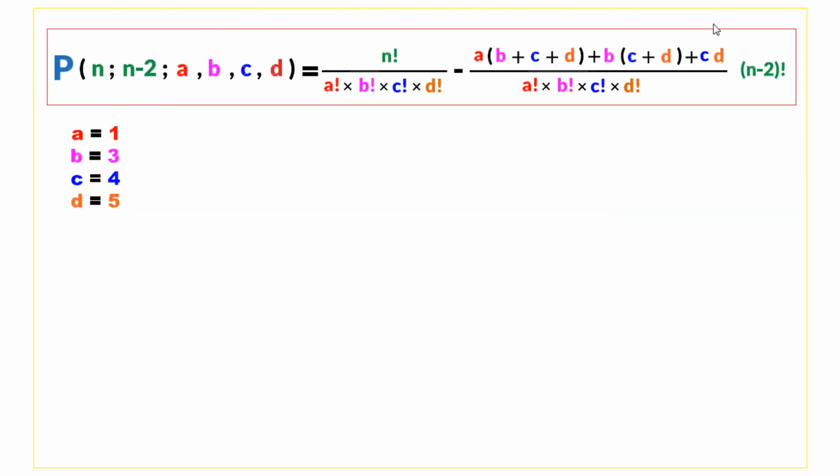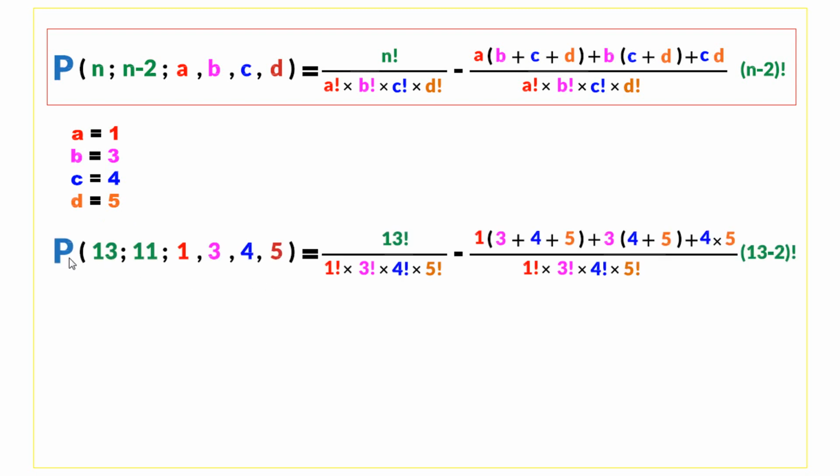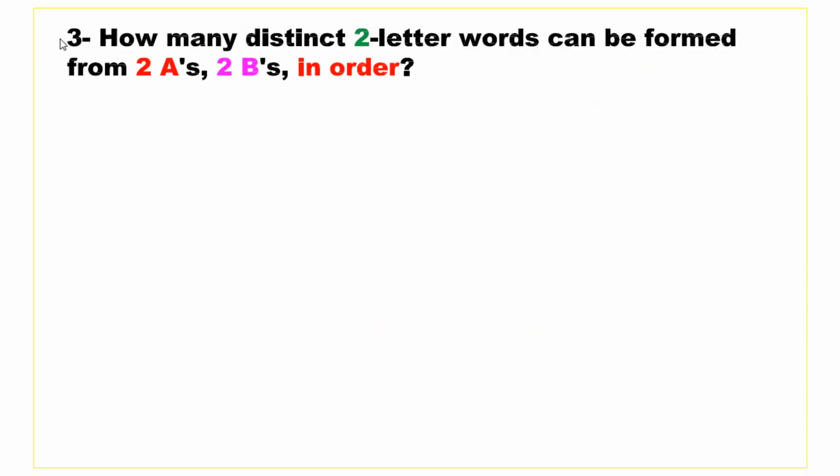So now we substitute in the general formula these variables here, and we get permutation of 13 objects or 13 letters taken 11 at a time without replacement with 1, 3, 4 and 5 identical letters, and that is going to be 224,070.